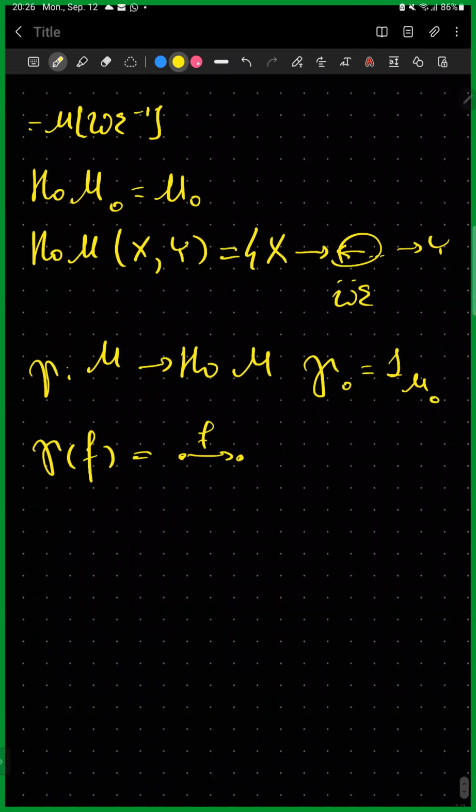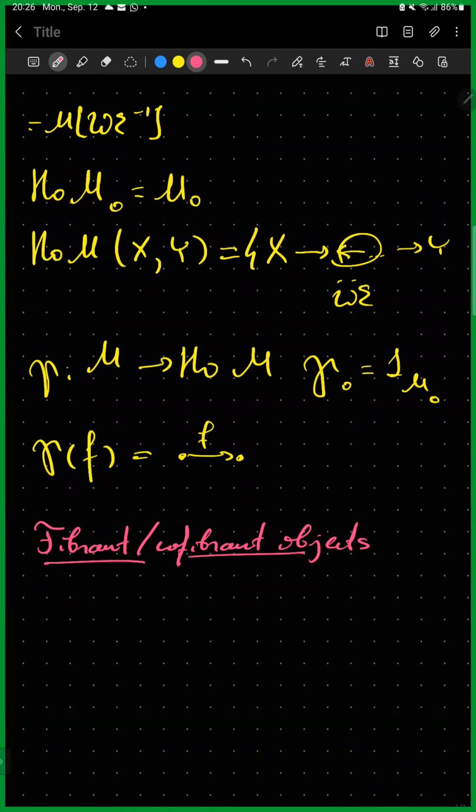Now, let me recall the notion of fibrant and cofibrant objects. Assume once again that M is a model category, and we say that X is a cofibrant object.